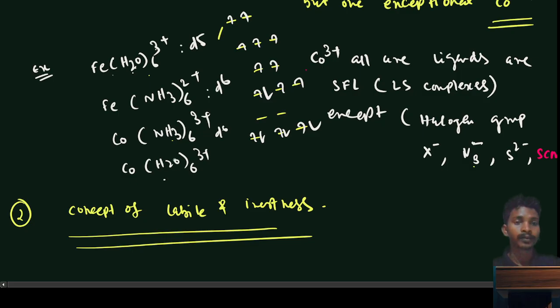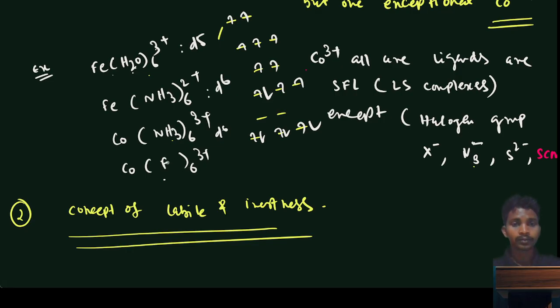For this case cobalt water, let's say if it has halogen, F6, then x minus 6 equals minus 3, so x equals plus 3. So here again this will be weak field ligands, because if halogen is there then it is a weak field ligand. So this will be 1 2 3 4 5 6. This way we can say which is a strong field ligand and which is a weak field ligand.